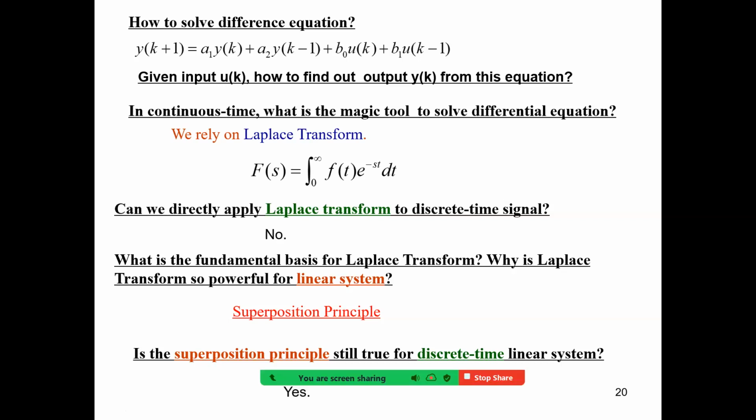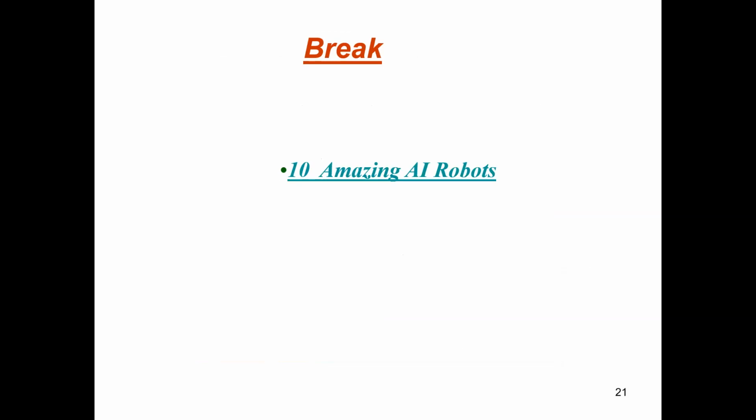And then we are going to use the superposition principle to introduce another tool, which is suitable for the discrete time system, which is the equivalent of Laplace transform. Okay, with that, I will leave that for the next part. So let's have a break, a 15 minutes break, then we will continue.